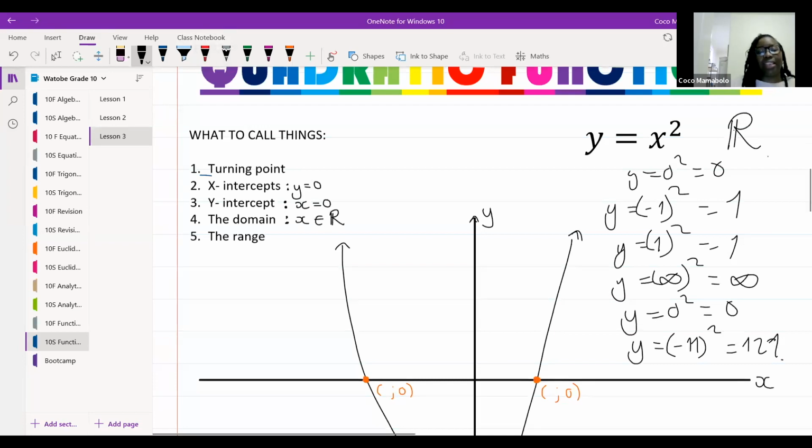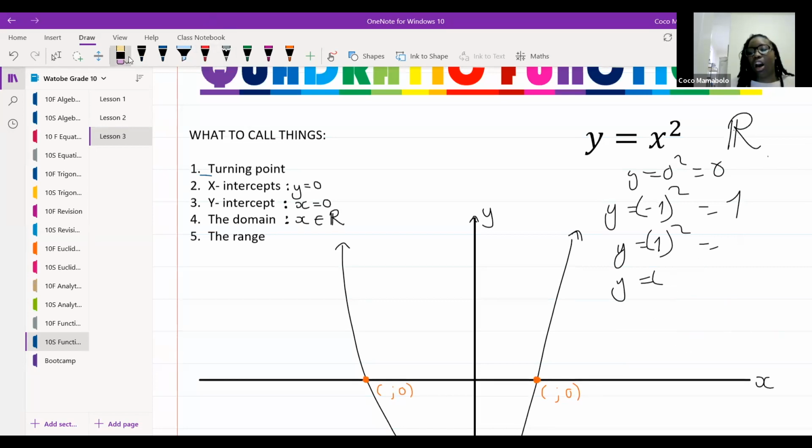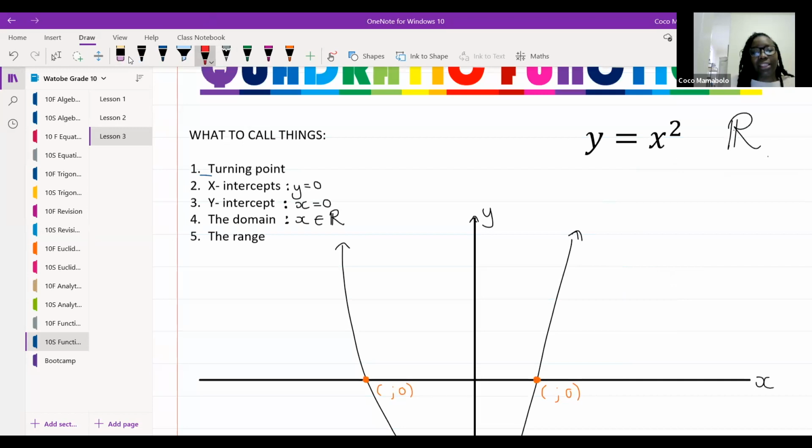When we say x ∈ R, what this is actually saying is that x is an element of, and this R stands for real numbers. And that's saying that x can be any real number. That's what that means.